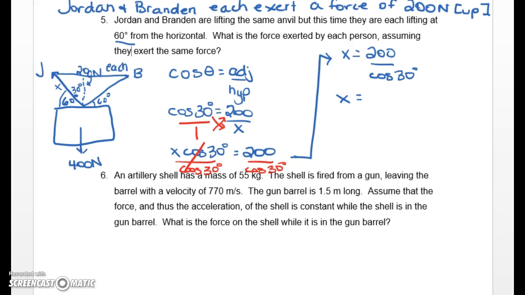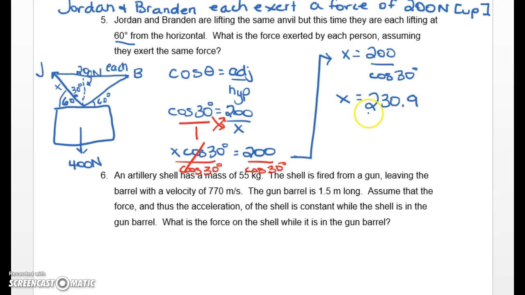There you can go ahead and plug that into your calculator, which you should get 230.9, that's rounded. But we do have to account for sig figs here. And this is where this question gets a little bit gross. Because when we're looking at our force, or I guess our adjacent side here, this one has 1 sig fig.